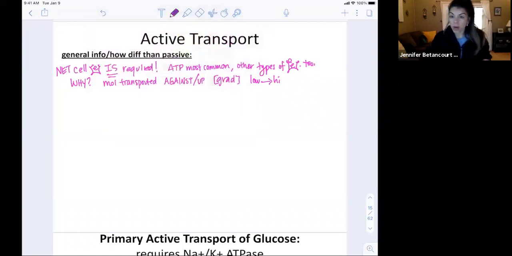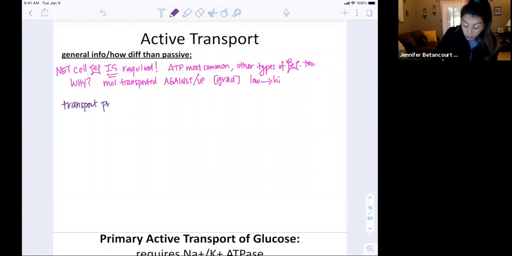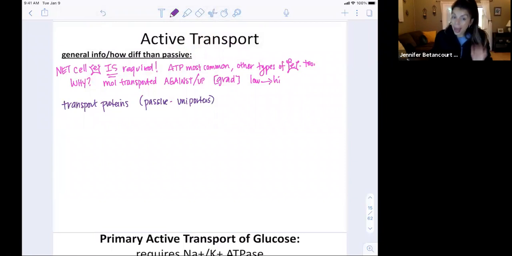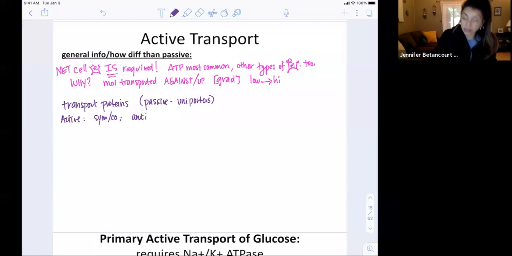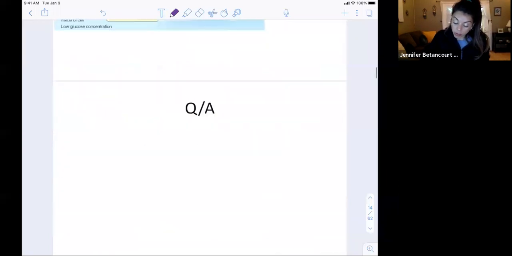But you can also think about it in terms of the types of transport proteins. As a real quick reminder, passive transport typically uses uniporters, while active transport uses symporters and antiporters. Symporters are sometimes called co-transporters in some textbooks.